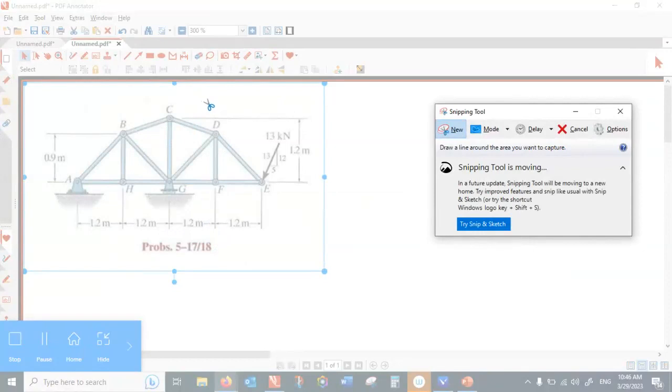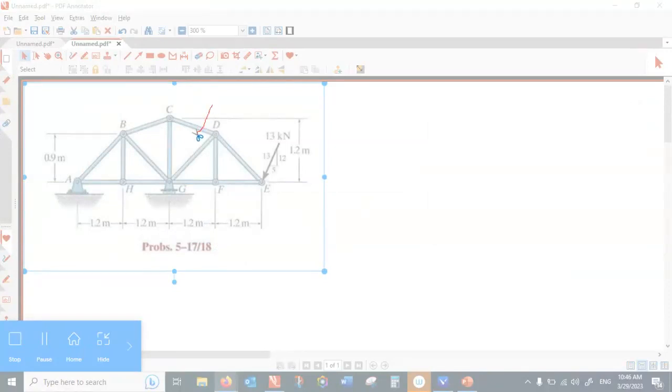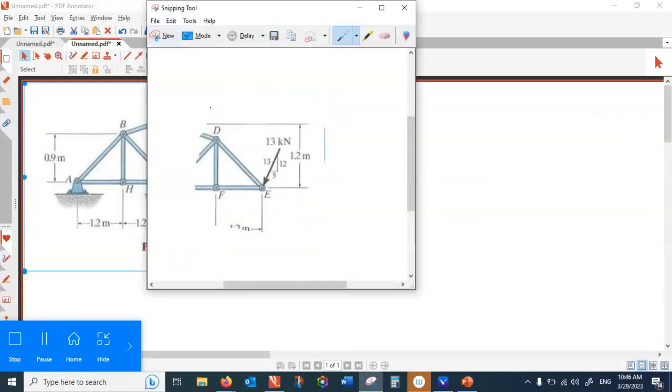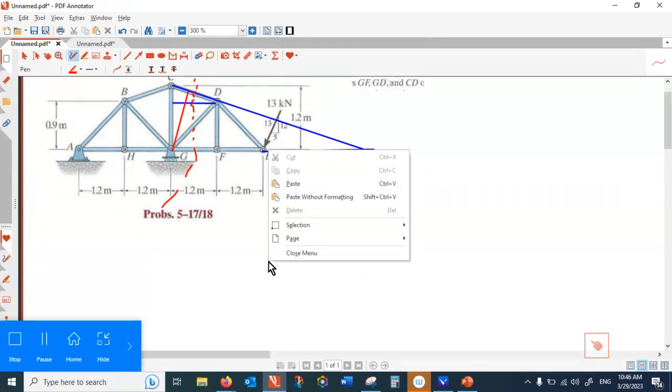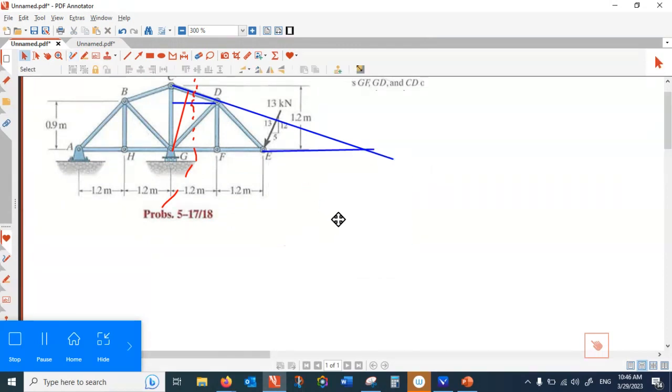So here I'm going to cut this from here, here, there, and I'm keeping the right hand side part of the free body diagram, and that is what we really want to solve.